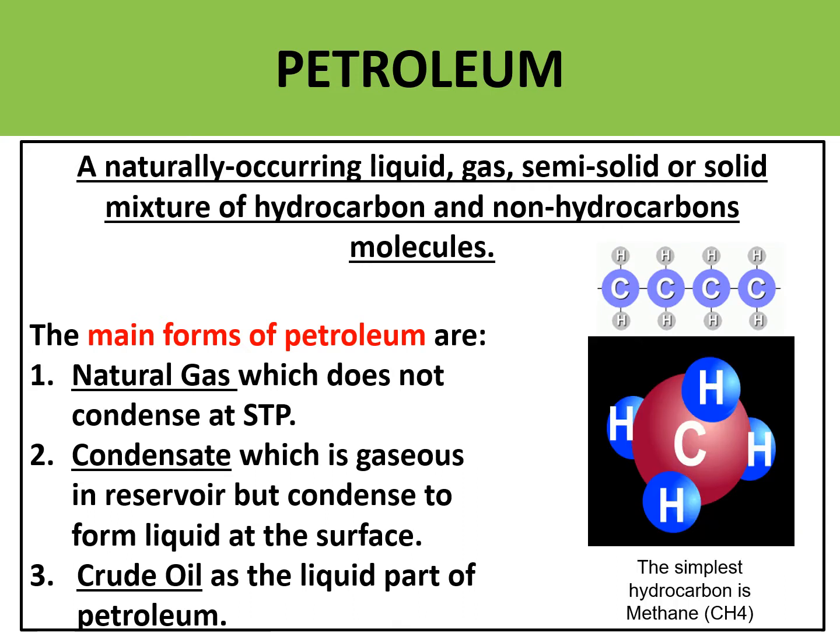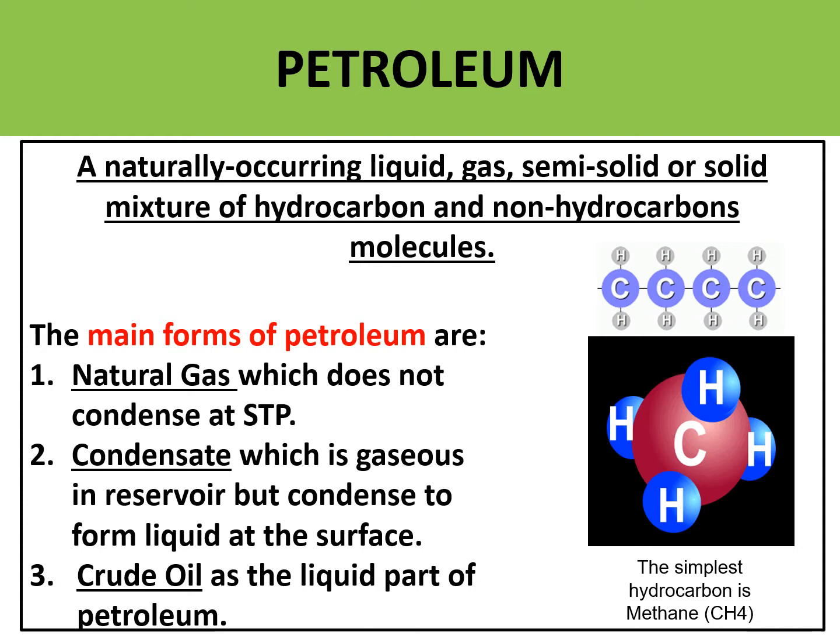So this is an example of the simplest hydrocarbon, which has one carbon atom and 4 hydrogen atoms. This is what we call methane. Methane is an example of natural gas that behaves as the smallest hydrocarbon and is the most common and abundantly found in all sedimentary basins in the world.